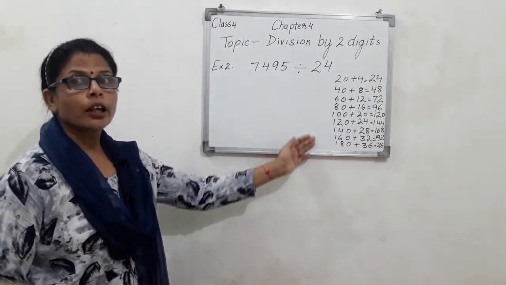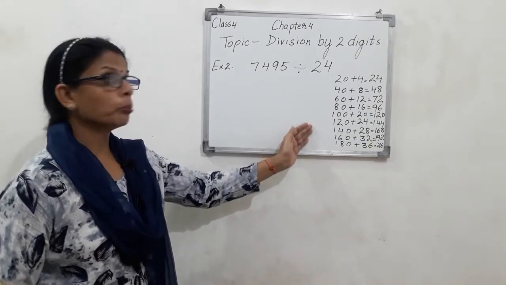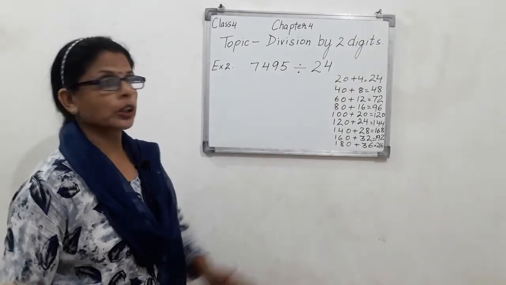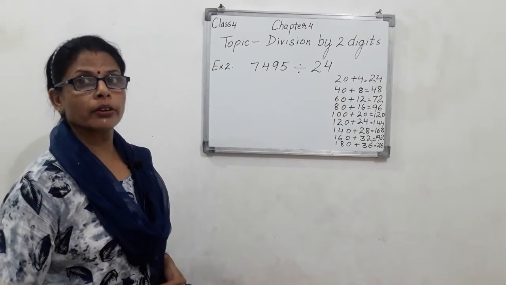So we have formed the table of 24 by adding the 20 and 4 tables. We get the 24 table, right?